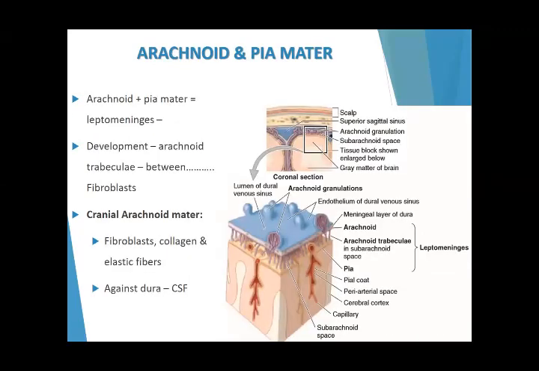So arachnoid and pia, arachnoid plus pia together are called leptomeninges. So this is the leptomeninges. Developmentally, they arise as a common development. Okay?